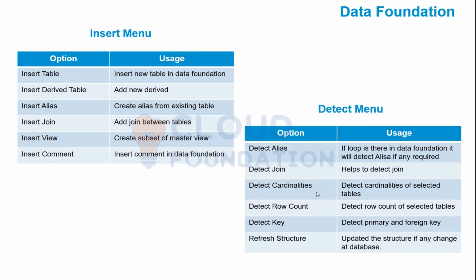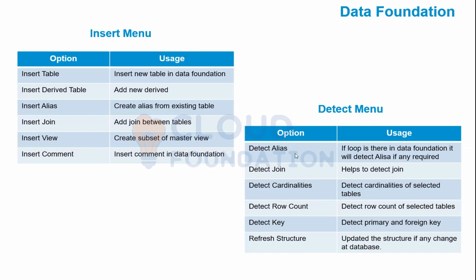The tool automatically detects it. Detect row count, detect key. If we are not sure of the primary key and foreign key of some tables, if we click on detect key, it will suggest us. And refresh structure: if you are adding one table to the already existing universe in a data foundation, we will click on refresh structure so that it will get updated in the universe.